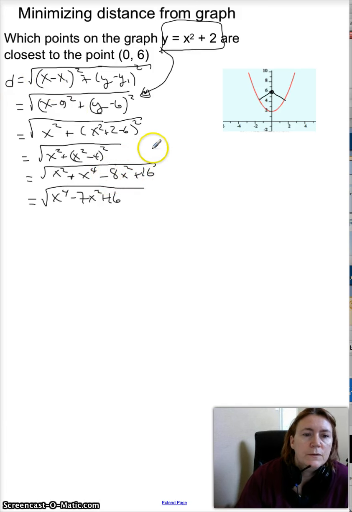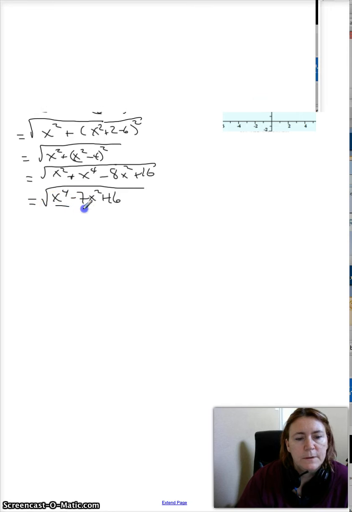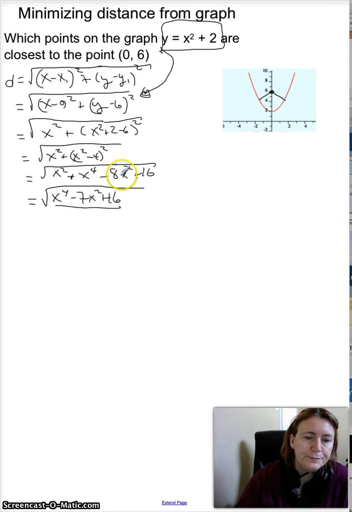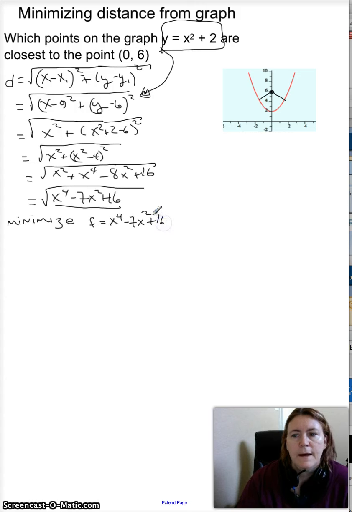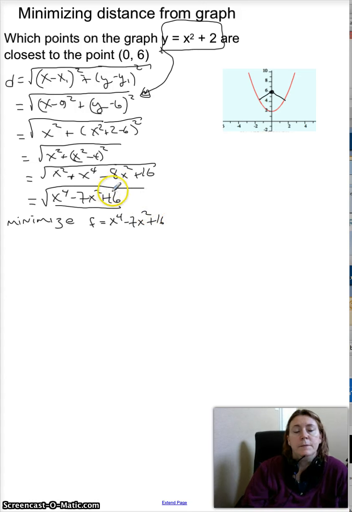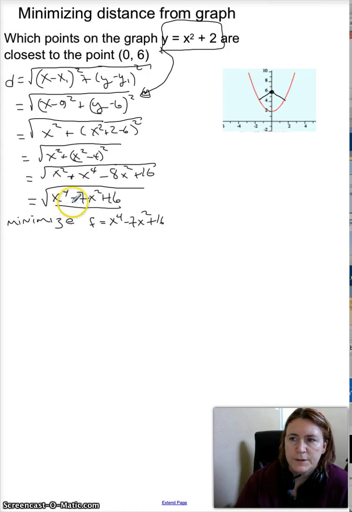The good news is in order to minimize this distance, all you really need to do is minimize the inside function. So I want to minimize the function x to the 4th minus 7x squared plus 16, and that will give me the minimum distance.